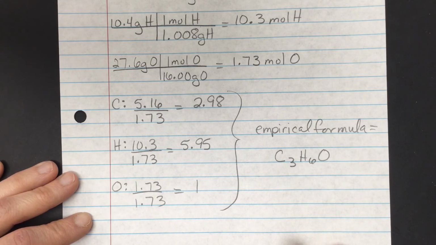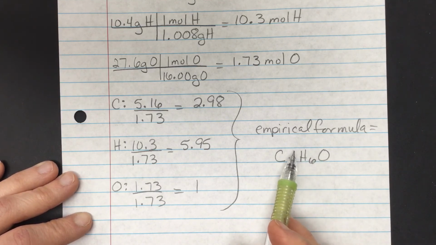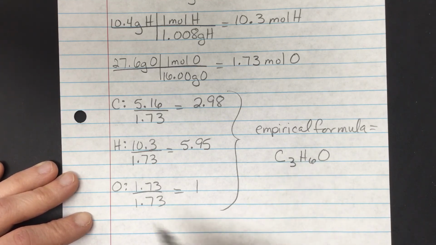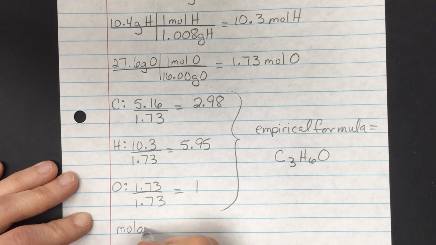So I have to find the molar mass of my empirical formula. My molar mass of C3H6O.